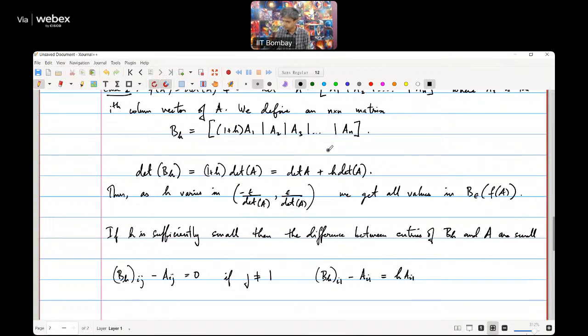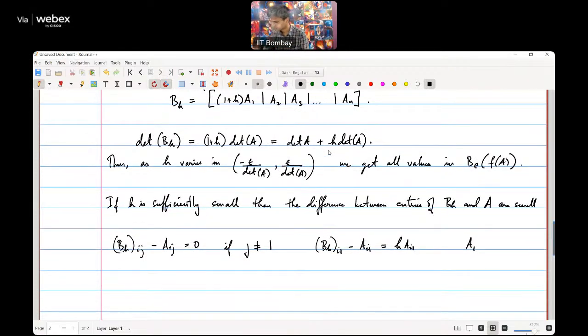So if H is sufficiently small, the column A1 is fixed, and so by taking H sufficiently small, we can make sure that all these matrices BH are very close to this matrix A.